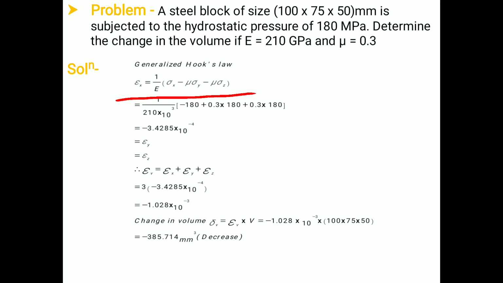After superimposing all the effects of sigma x, sigma y and sigma z, we have this relation: 1 upon E into sigma x minus mu into sigma y minus mu into sigma z.